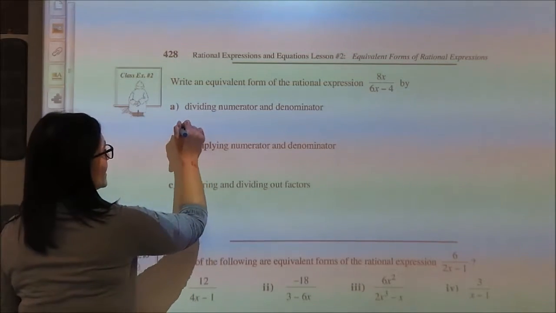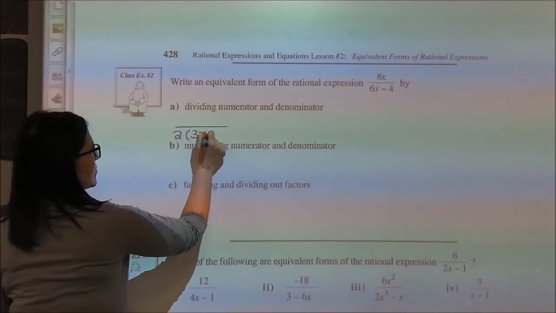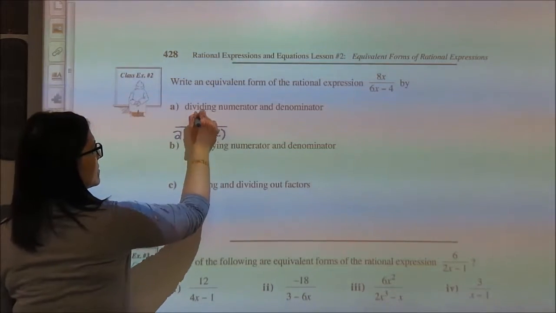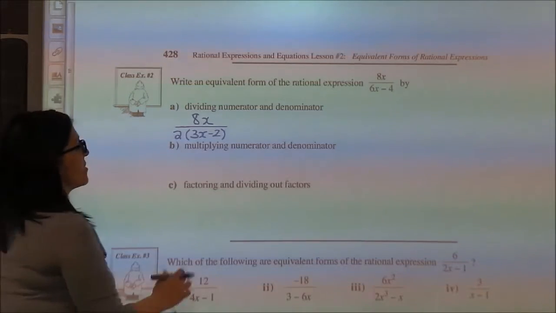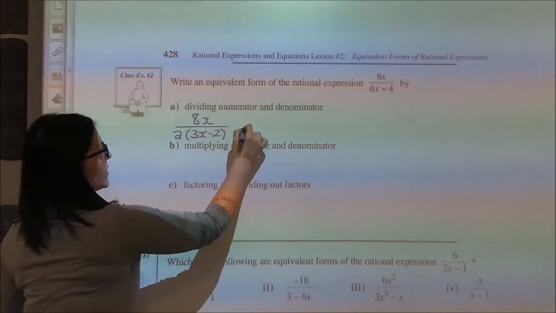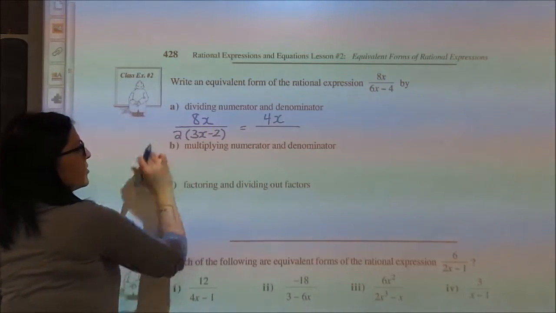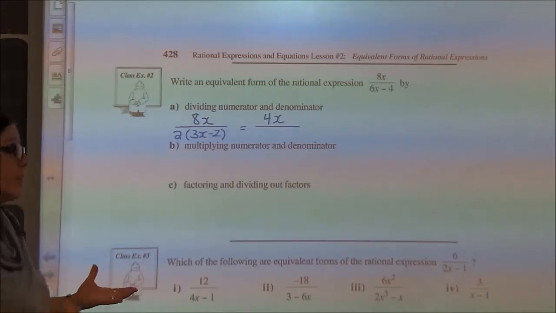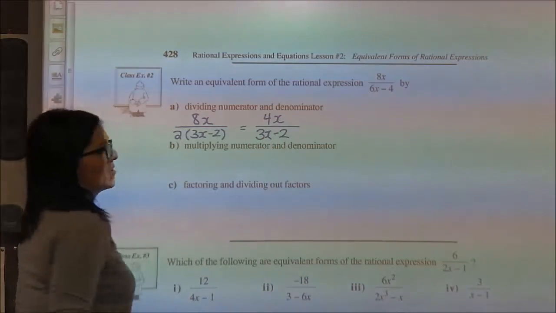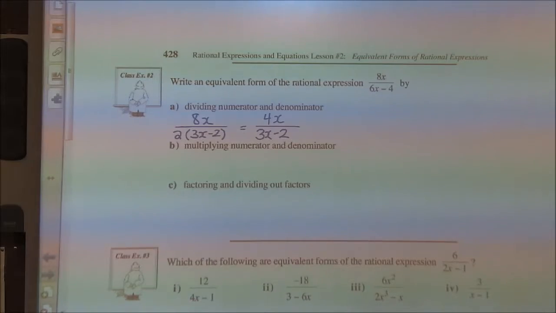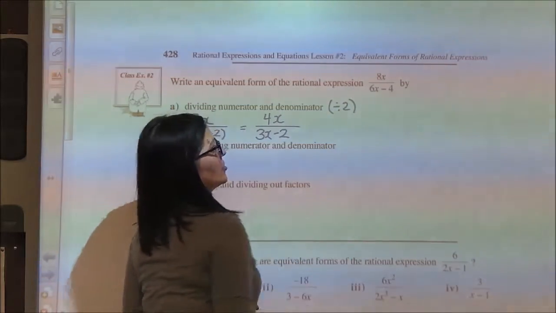What do I know is common to 6x and to 4? A 2 is in common, leaves me with 3x minus 2 over 8x. From here, the 8 and the 2 can both be divided by 2, and I get 4 on the top. 2 divided by 2 cancels out, giving me 1. So I'm left with 3x minus 2 on the bottom. So I could divide the numerator and the denominator both by 2.